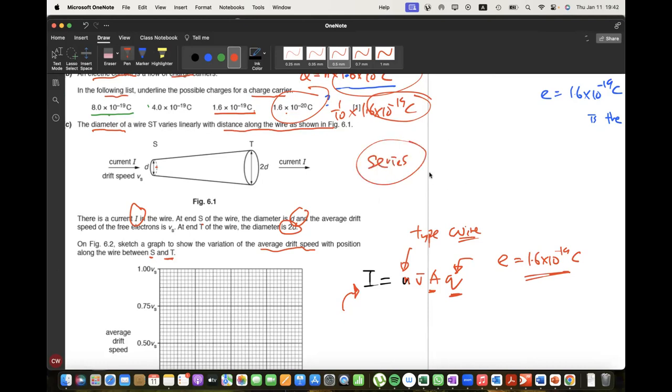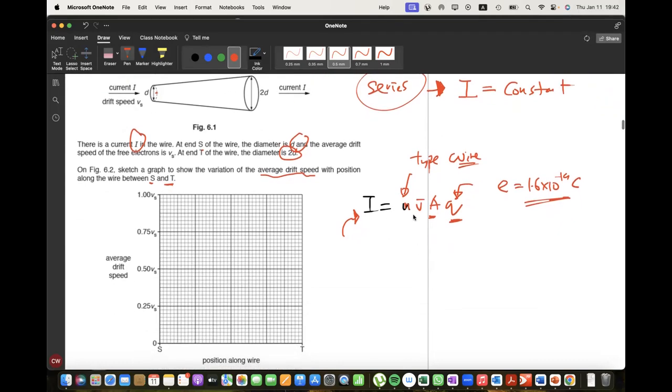Series means a single path. In series, what can we say about the current? The current is constant. So we need to identify which parts are constant.